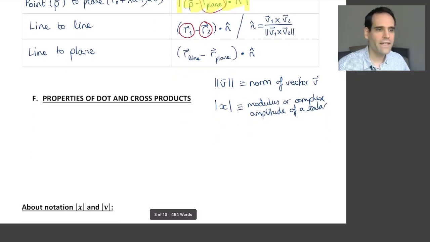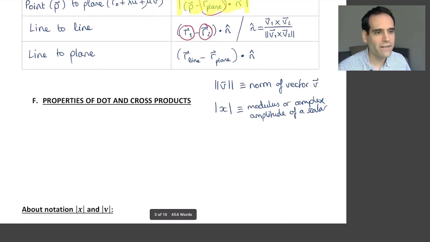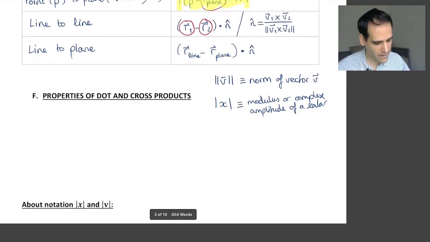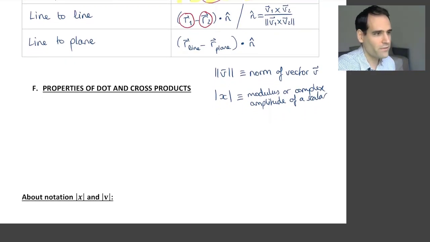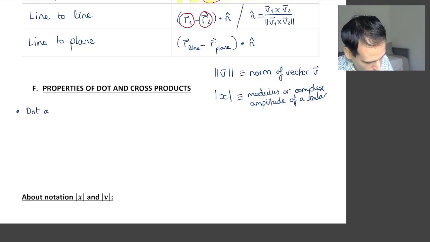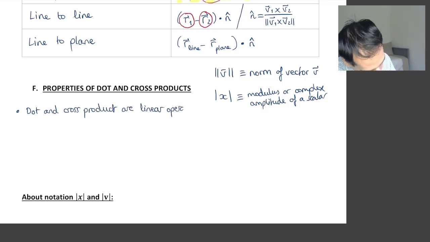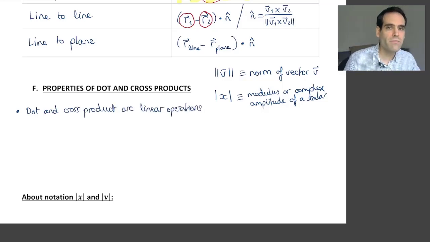And now finally we can review the properties of dot and cross products. And these are actually very, very useful. So, first important property, the dot and the cross product are linear operators. And what does this mean?